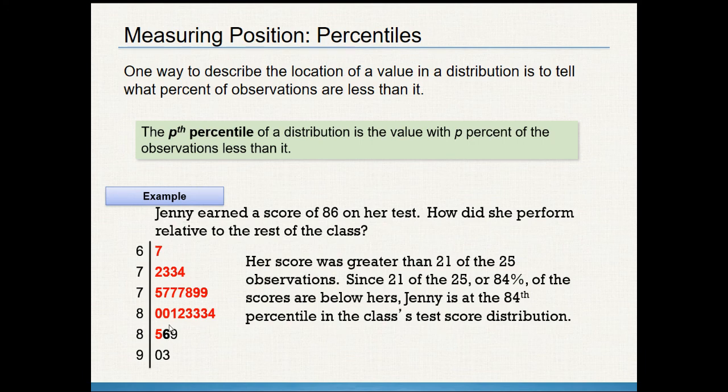Since 21 of the 25 are below her score, when you take 21 divided by 25, it comes out to exactly 0.84. So that's 84%, which means Jenny is at the 84th percentile in her class based on this test score distribution.